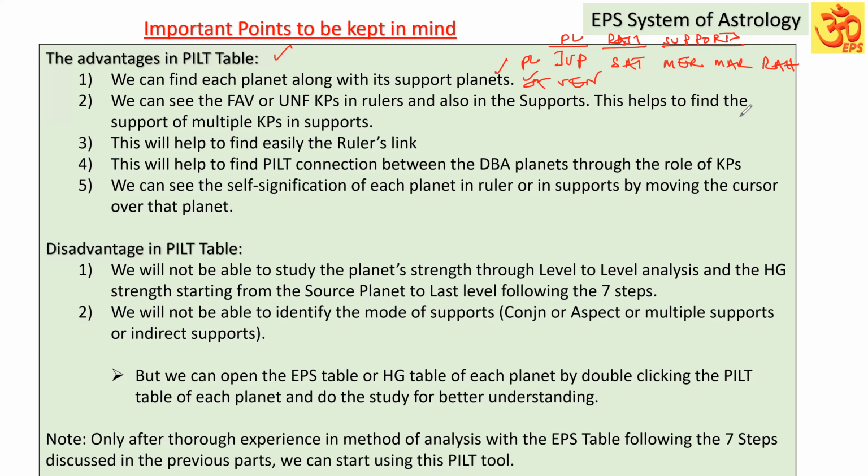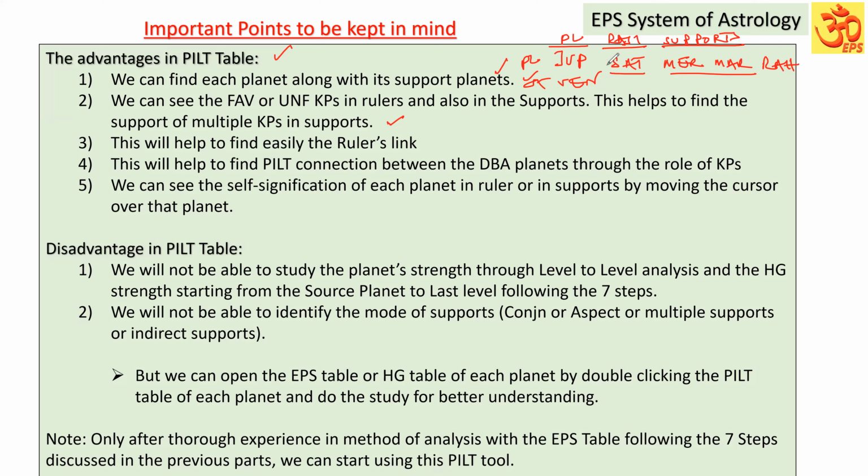This will help in finding the support of multiple key planets in supports. Suppose Jupiter has Mercury, Rahu, and Mars. Suppose Mercury and Mars are both strong favorable key planets for an event, supporting Jupiter. Saturn is also favorable.